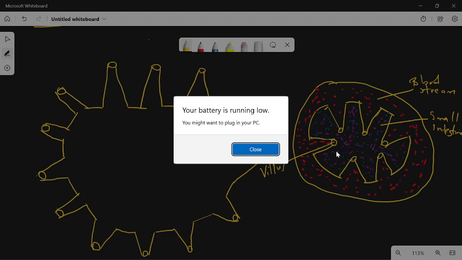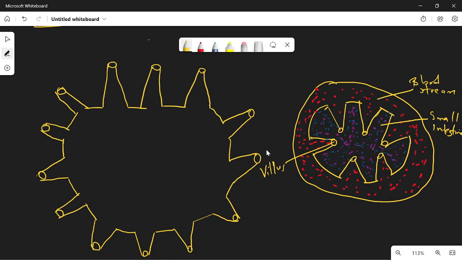So we have the villus absorbing the nutrients, from the small intestine into the bloodstream.